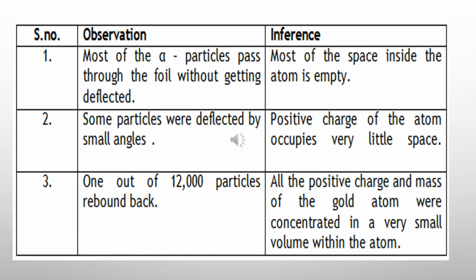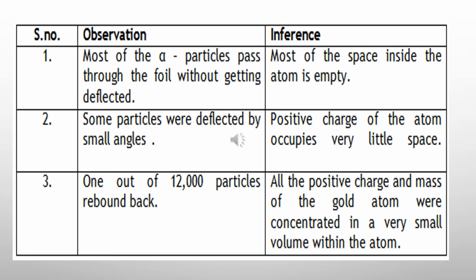Based on the various observations made during the alpha particle scattering experiment, further inferences were derived. Most of the alpha particles pass through the foil without getting deflected. That means most of the space inside an atom is empty. Some particles were deflected by small angles.